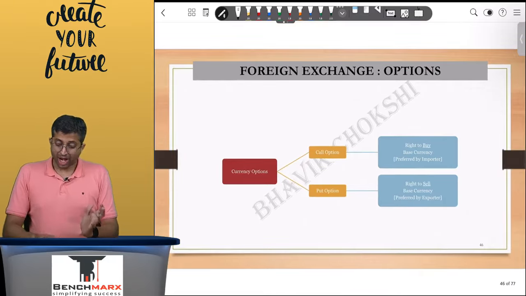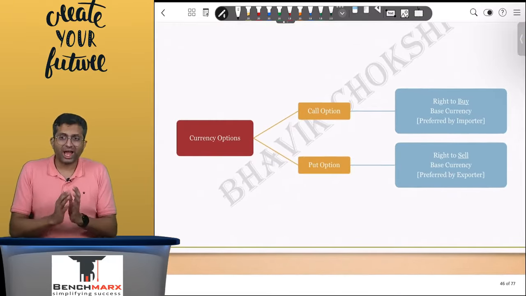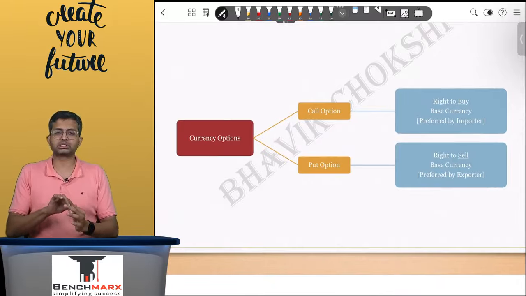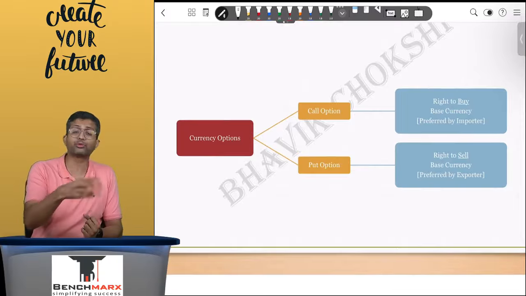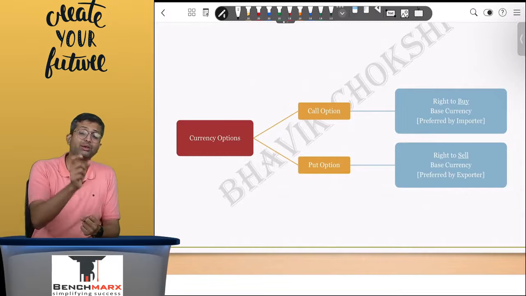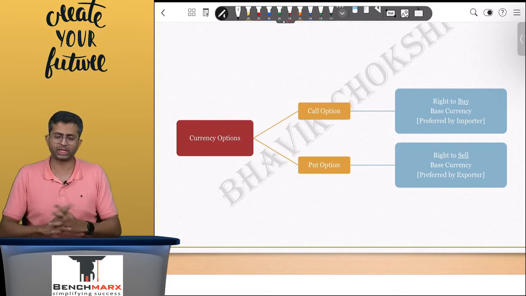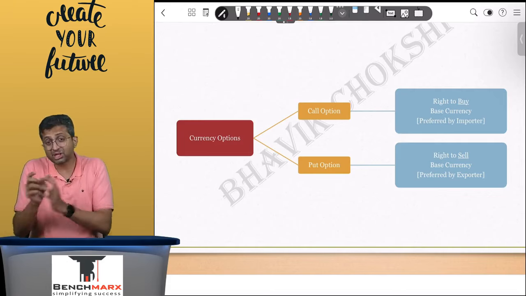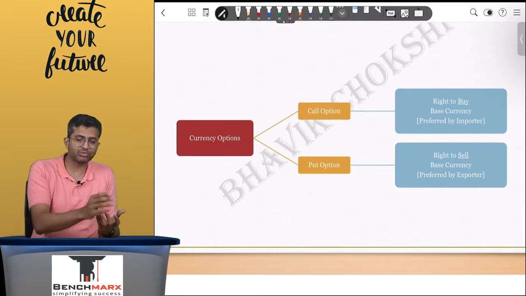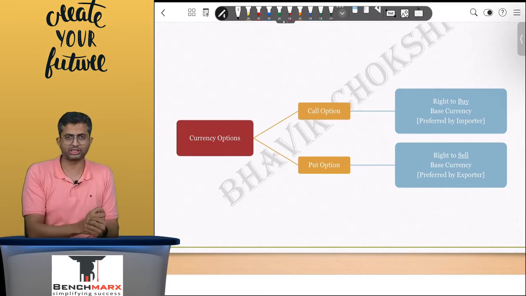While you are doing currency options, you have to be careful to do around 3 adjustments. First, you'll have to find the number of contracts, because currency options are also exchange traded, and hence you'll have to determine the number of contracts that have to be entered. And there may be some unhedged portion, which will have to be separately hedged by using forwards or other instruments.